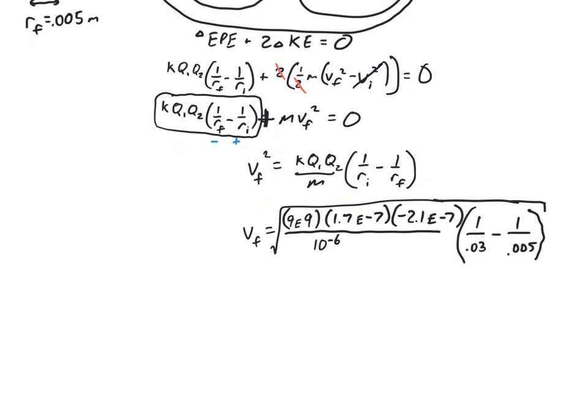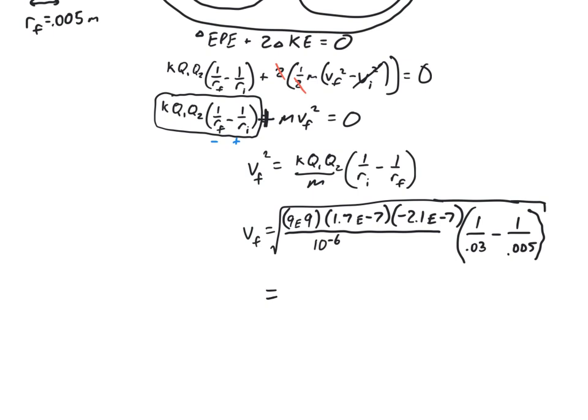Putting all of this in my calculator. One of the reasons I like graphing calculators is you can see the entire equation like this when you plug it in. 9e9 times 1.7e negative 7 times negative 2.1e negative 7 divided by 10 to the negative 6.